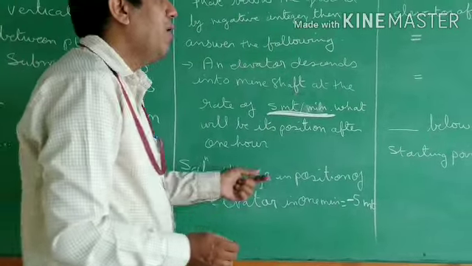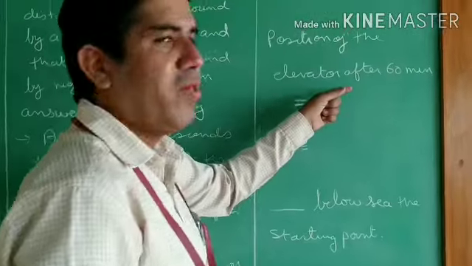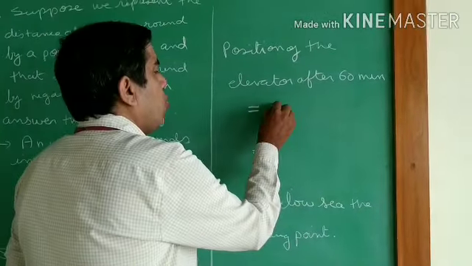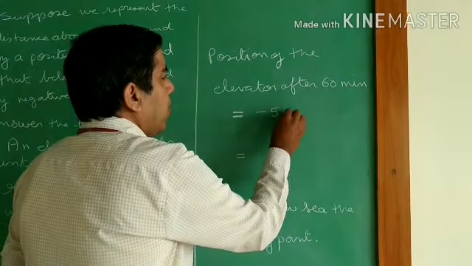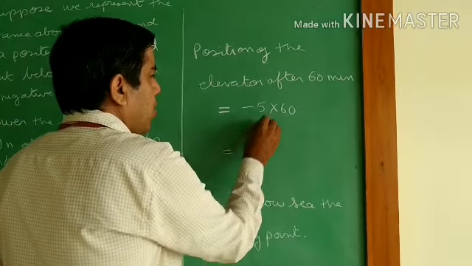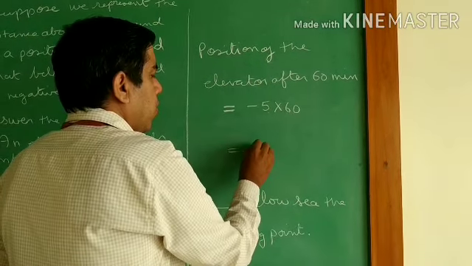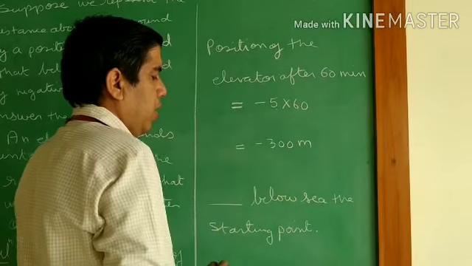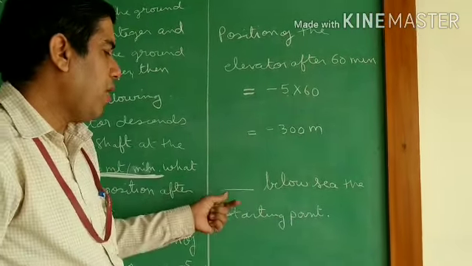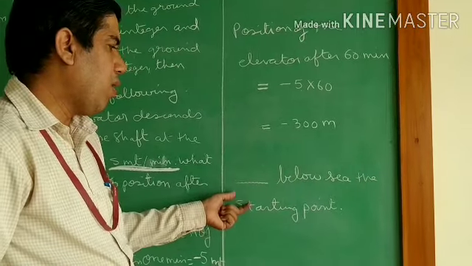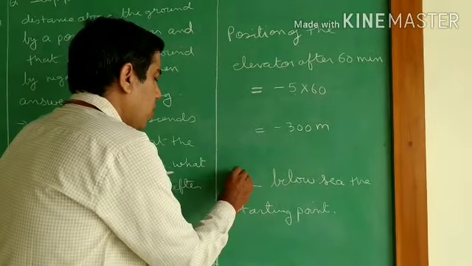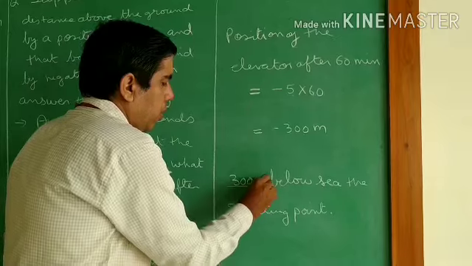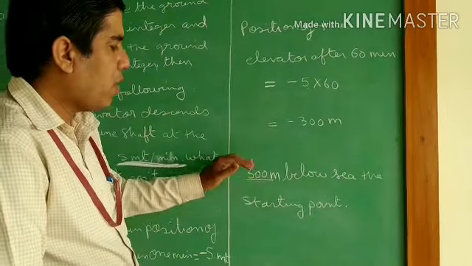Position of the elevator after 60 minutes will be how much? So I multiply minus 5 by 60. 5 sixes are 30, so it comes 300 meters, below the starting point.